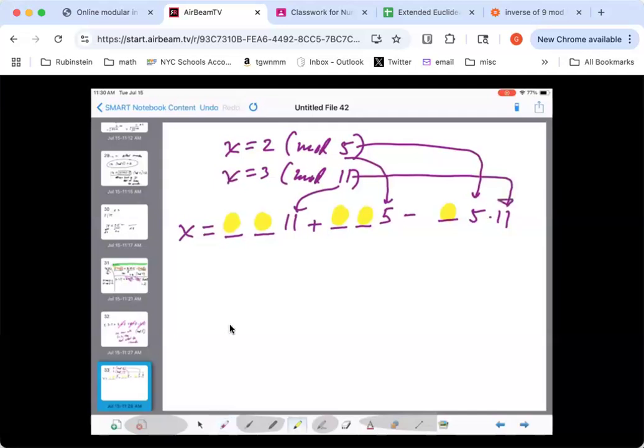Okay, so the two key numbers are the 5 and the 11. Right now, you don't worry about the 2 and the 3. We'll deal with those in a minute. This is how we start the process. These 9 numbers are going to turn into the answer to the question, and 4 of the 9 numbers are filled in this way.